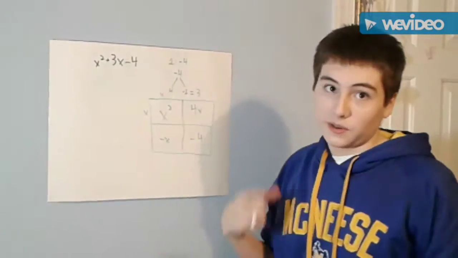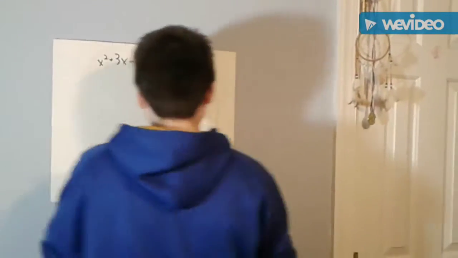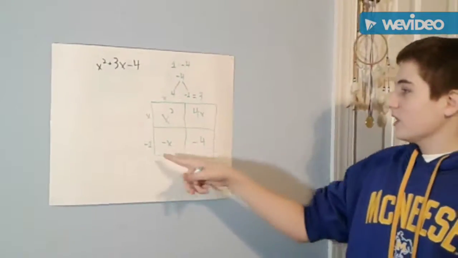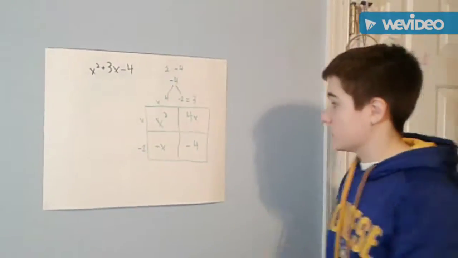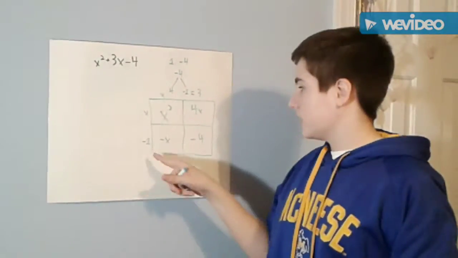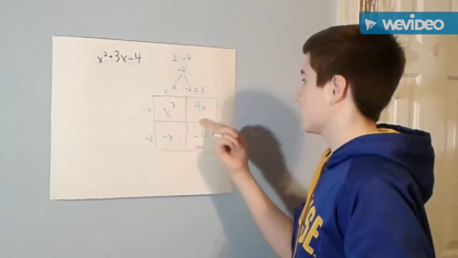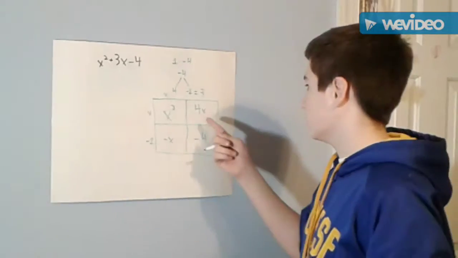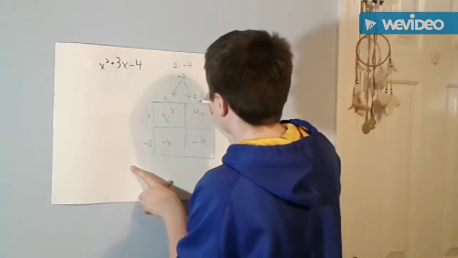But because there's no number in front of x, it is going to be -1. Then you can look at what's going on here and find out what this is. What times -1 is -4? And what times x is 4x? So, this is 4.